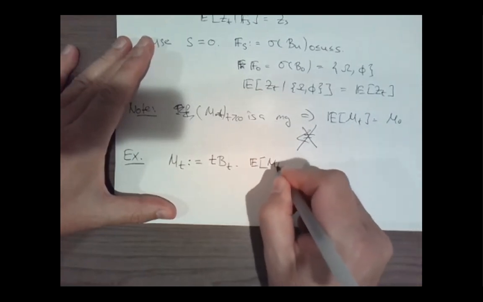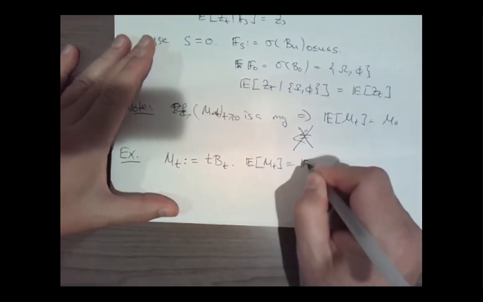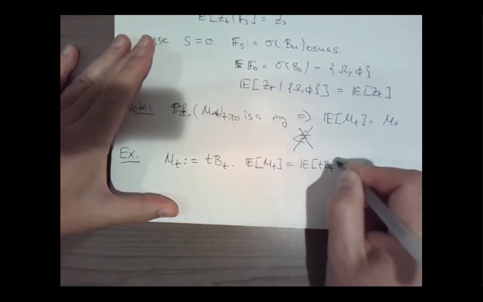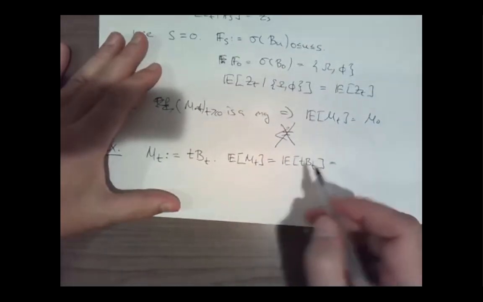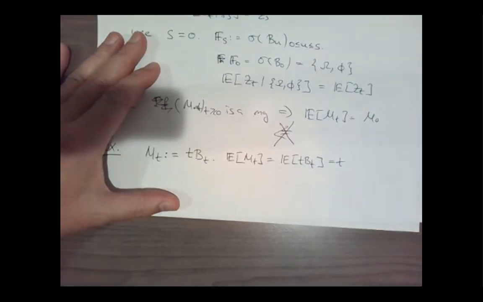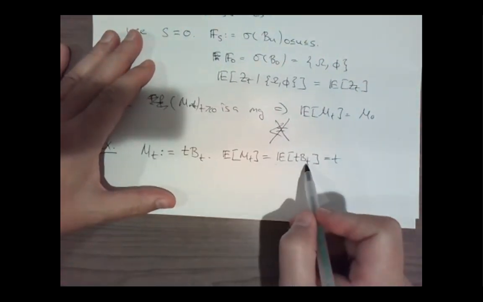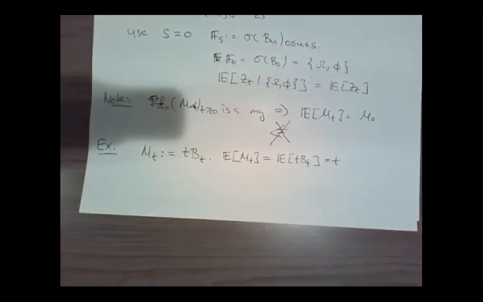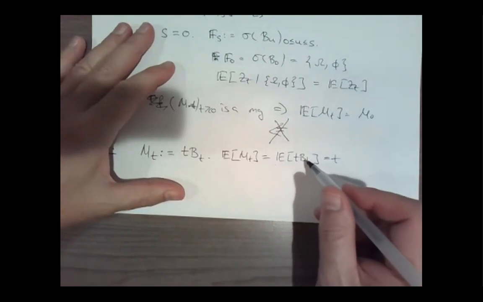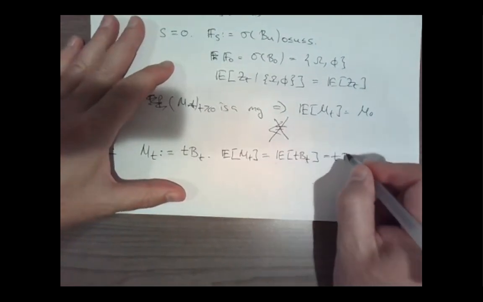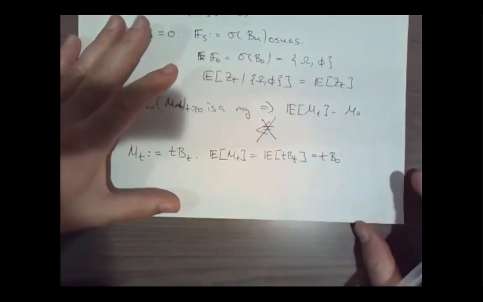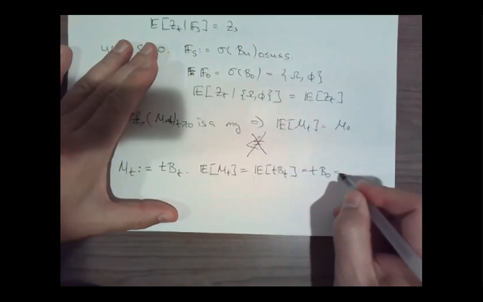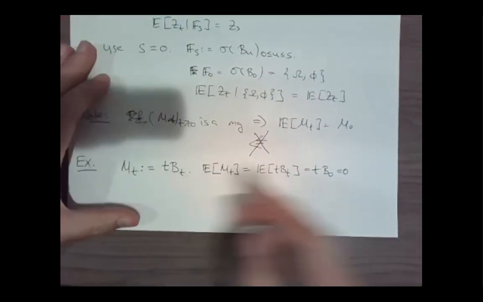E of M_t is equal to E of t B_t. The t can go outside, and B is a Brownian motion, so that's a martingale with constant expectation over time. This will be B_0, which was 0, so this is 0, equal to M_0.